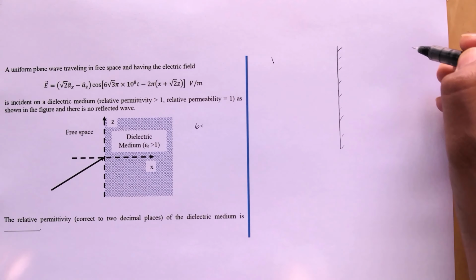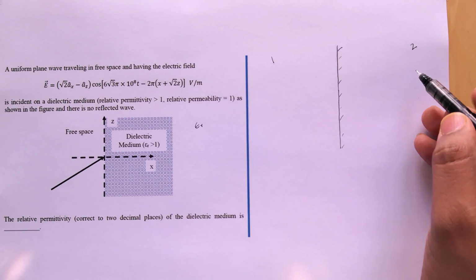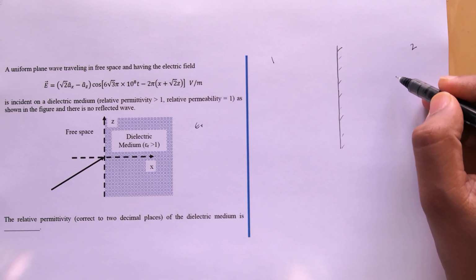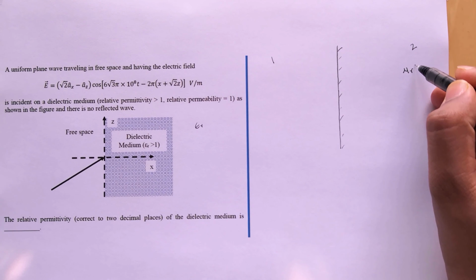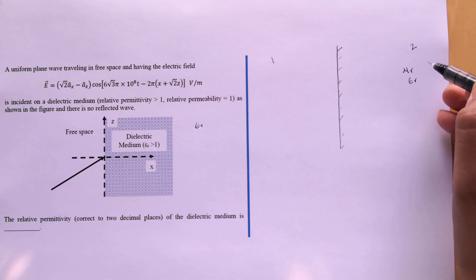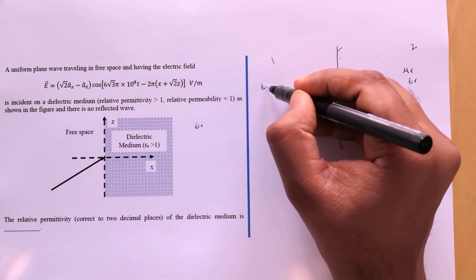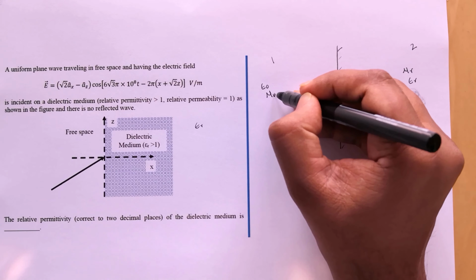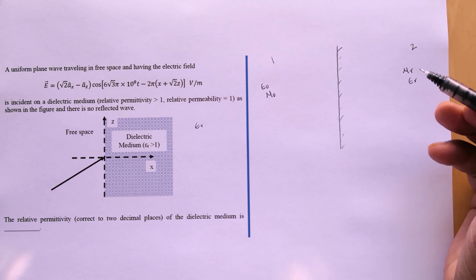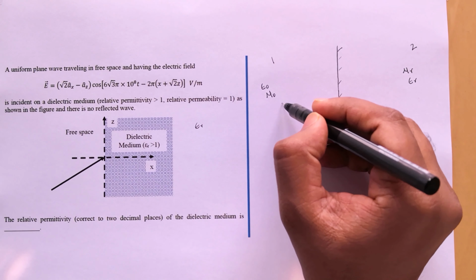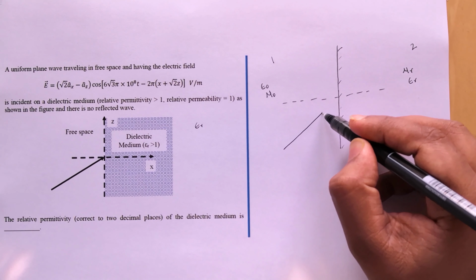Let's say this is one and this is the second medium, and the relative permittivity and the relative permeability of this dielectric medium are epsilon r and mu r, and we know that for free space the permittivity is epsilon naught and permeability is mu naught. Okay, so once we set up that, then we will draw the incident wave. Here is the wave which is incident on the dielectric medium.